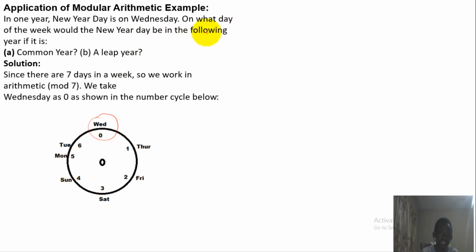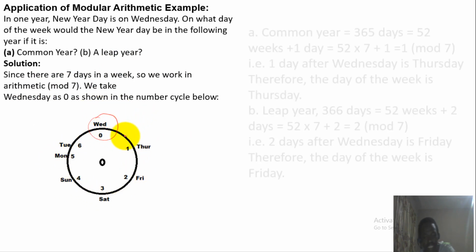On what day of the week will New Year's Day be in the following year, if it is a common year or if it is a leap year? There are 7 days in a week, so we work arithmetic in mod 7: 0, 1, 2, 3, 4, 5, 6.